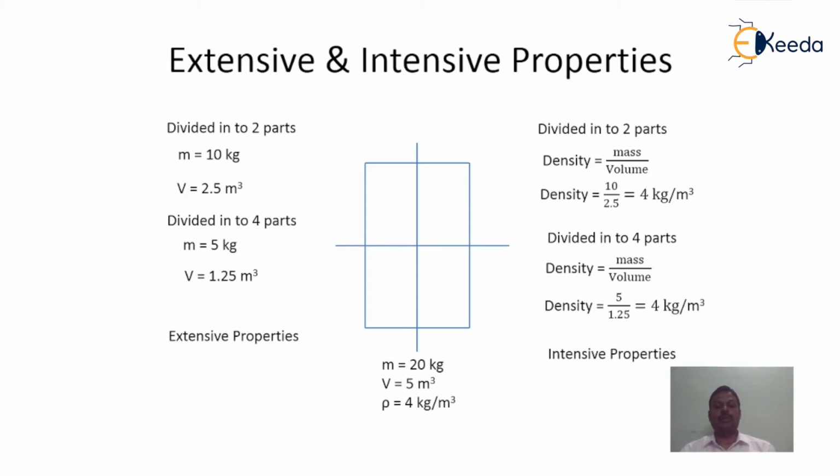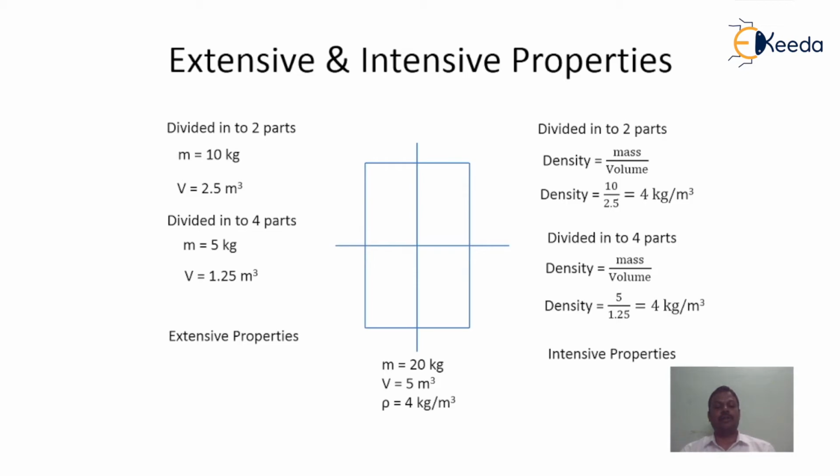Specific extensive properties are intensive properties, that is, extensive properties per unit mass are intensive properties. For example, the extensive property energy, when divided by the mass of the system, becomes an intensive property, that is specific energy.